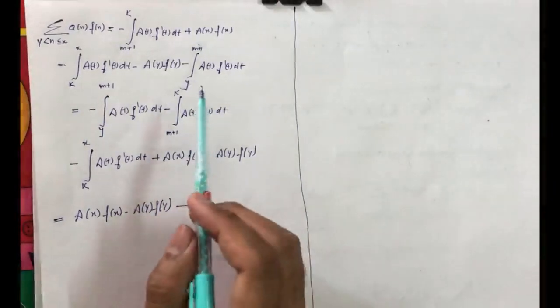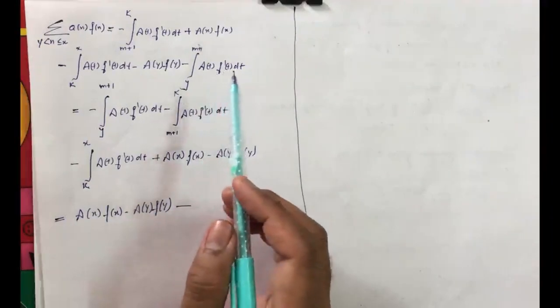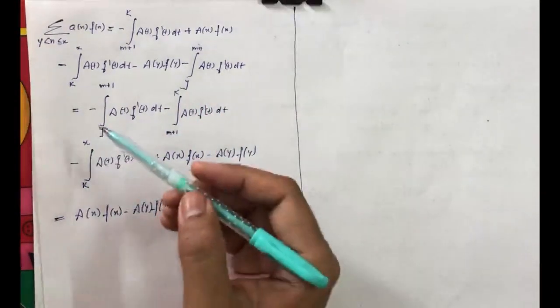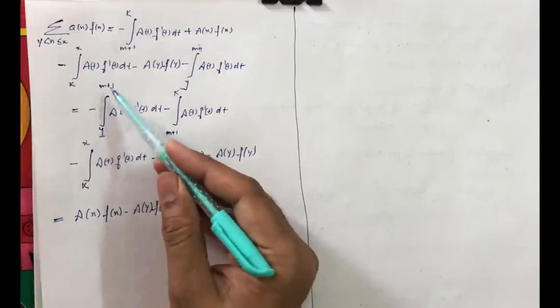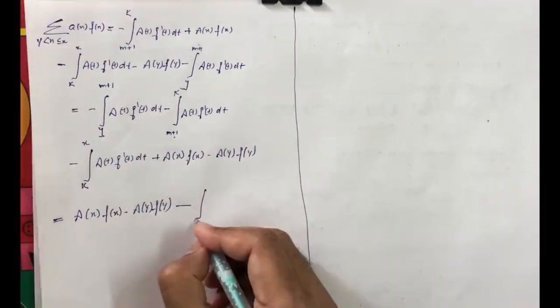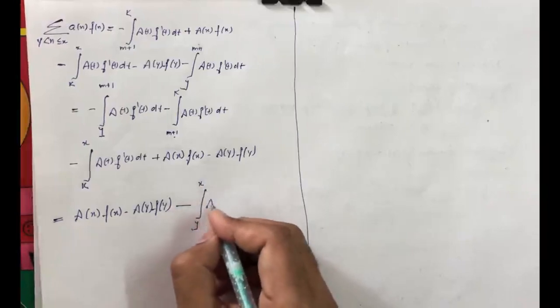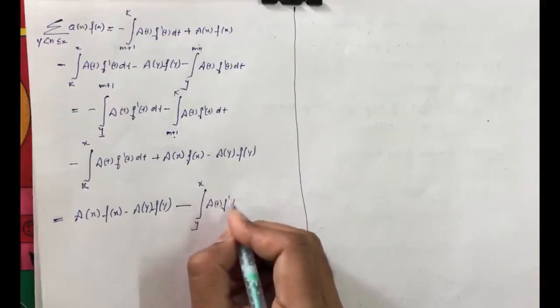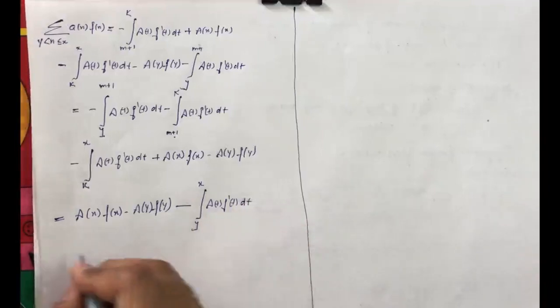So using again the formula of definite integral, that is y to m plus 1, m plus 1 to k and k to x, it becomes minus the integral y to x of A(t) f'(t) dt, hence proved.